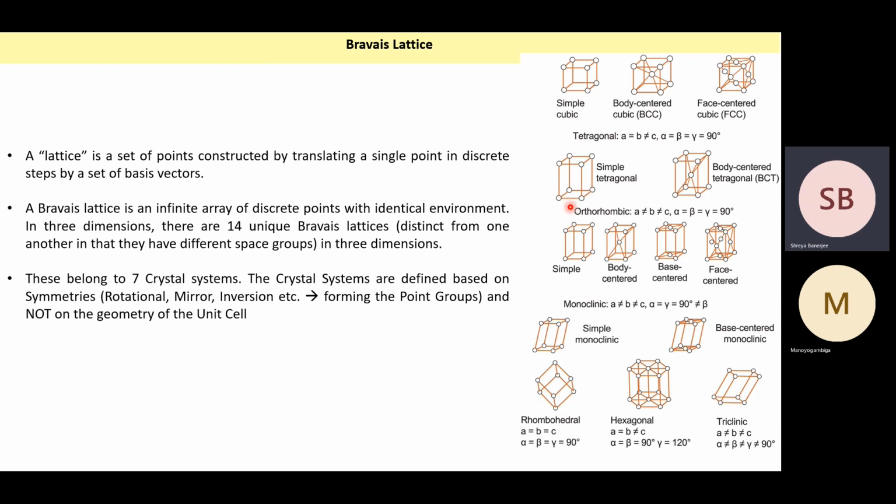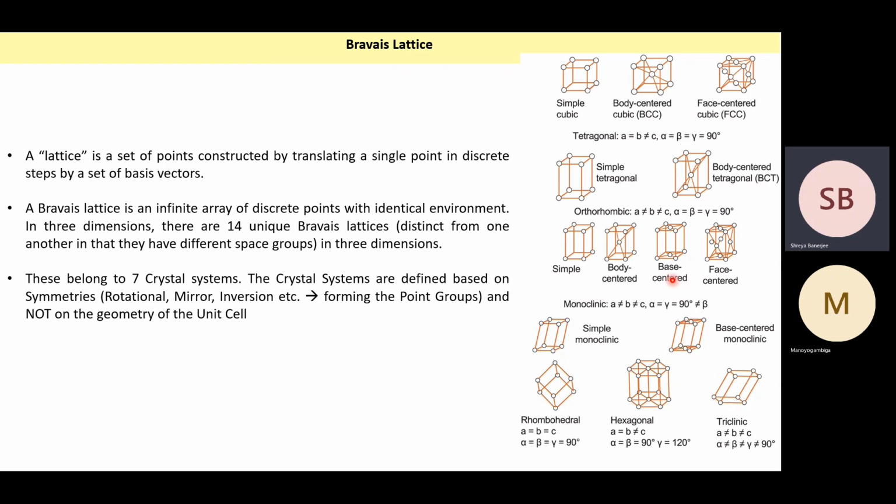The third crystal system is called orthorhombic. In orthorhombic, A, B, and C are all different, but alpha, beta, and gamma are all equal and all are 90 degrees. Orthorhombic can be divided into four Bravais lattices: simple, body-centered, face-centered, and base-centered.